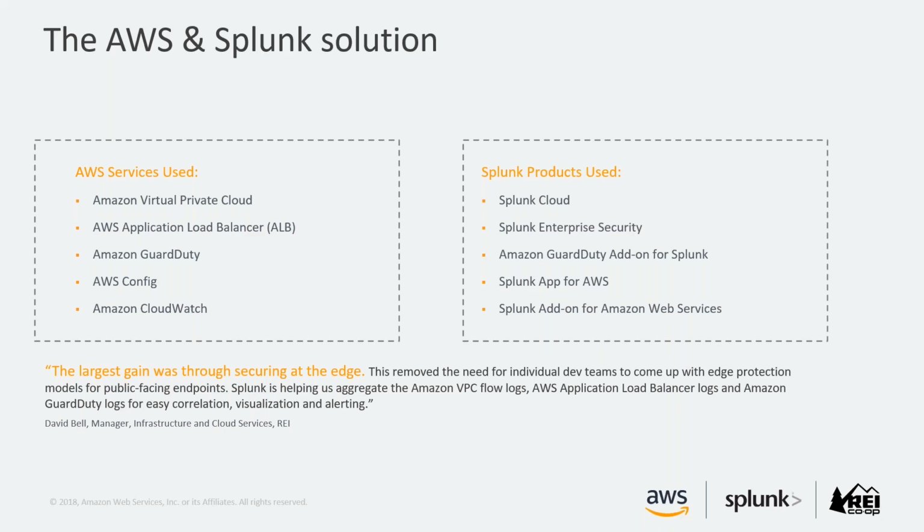And the other Splunk products that we use are the GuardDuty module within Splunk and the Splunk apps for AWS. One of the key differentiators here is that the provisioning practice used for implementing Splunk within each of our VPCs is part of our infrastructure as code pipeline.